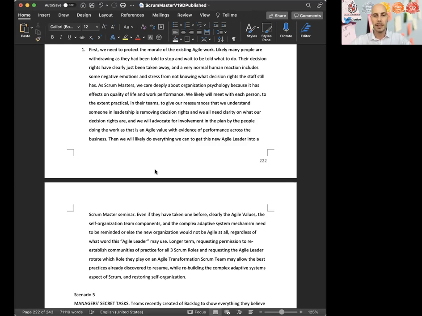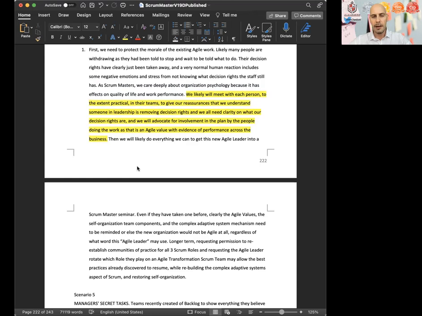We likely will meet with each person, to the extent practical, in their teams to give our reassurances that we understand someone in leadership is removing decision-making rights, and we all need clarity on what our decision rights are, and we will advocate for involvement in the plan by the people doing the work, as that is an Agile value, with evidence and performance across the business.